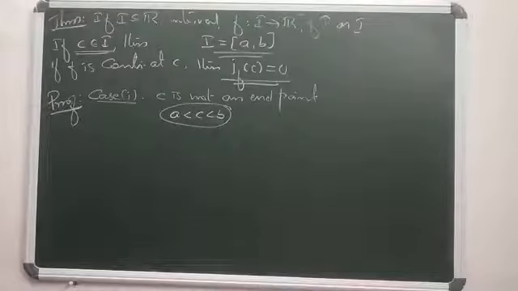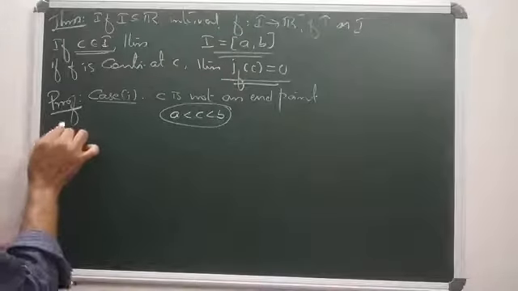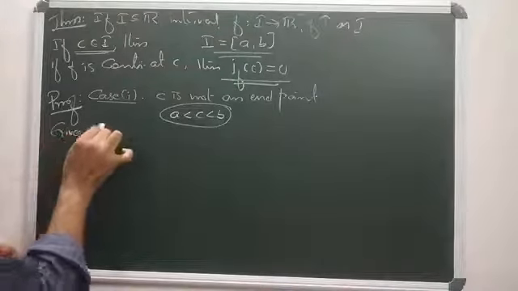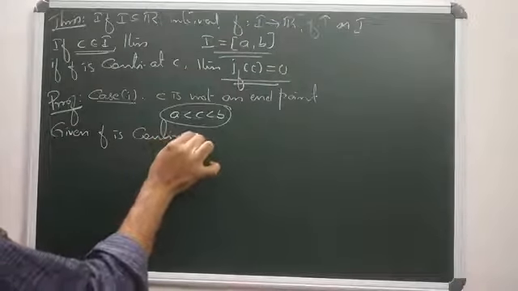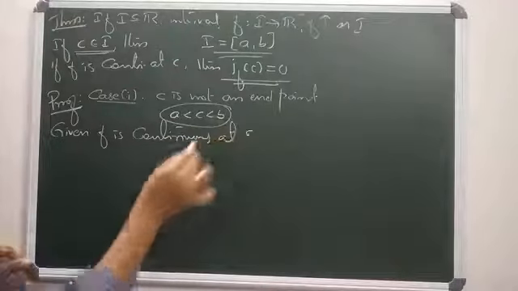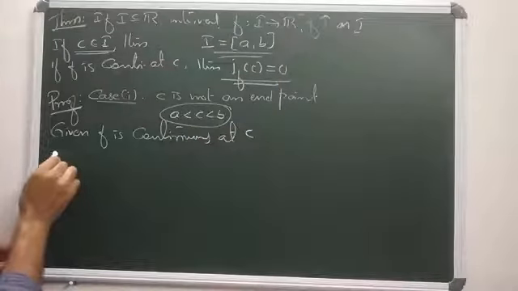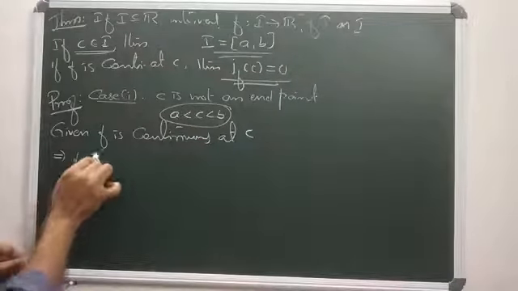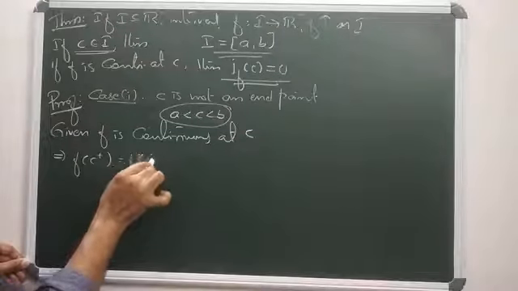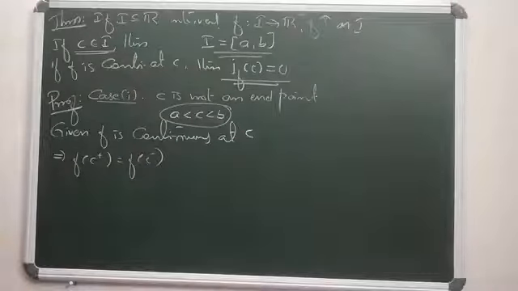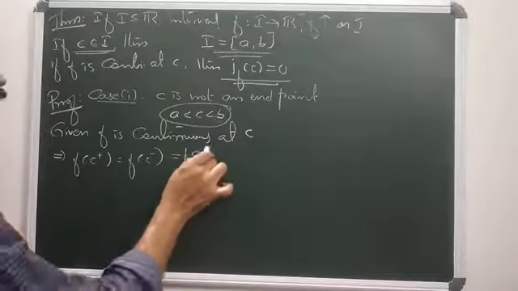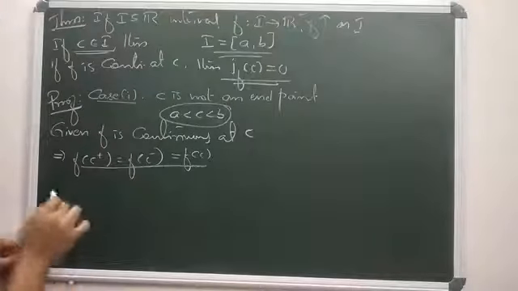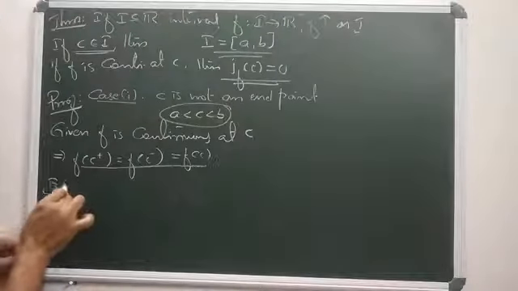c is not an endpoint, and given f is continuous at c. f is continuous at c means surely f(c+) equals f(c-). This is by the definition of continuity: f(c+) equals f(c-) equals f(c). But what is j_f(c)?